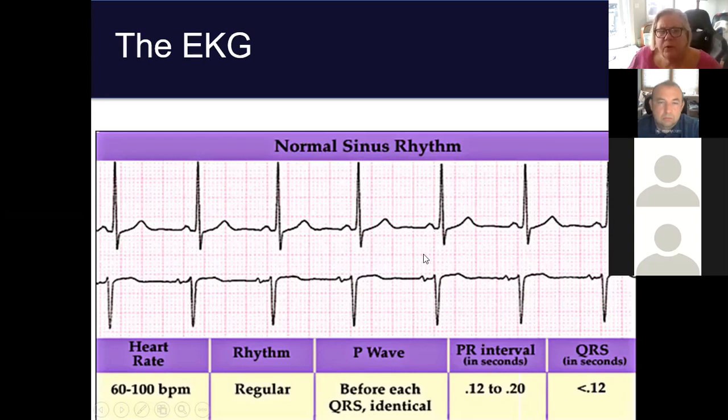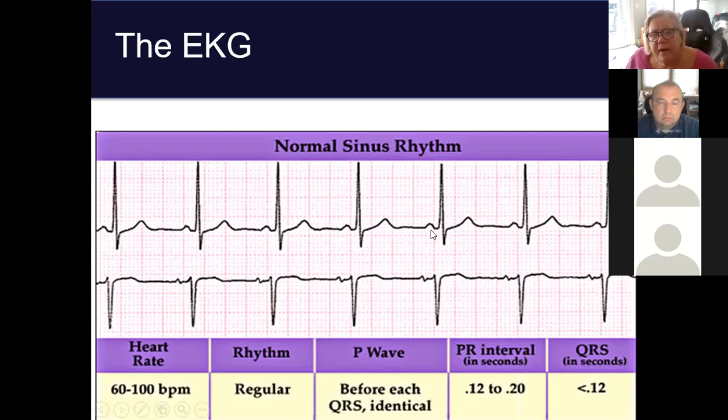So I misspoke earlier. I said a first degree heart block was when the PR interval was longer than 0.12. I'm sorry, the PR interval's fastest, I should say, is 0.12. So you have first degree heart block when the PR interval is greater than 0.2. Sorry about that.